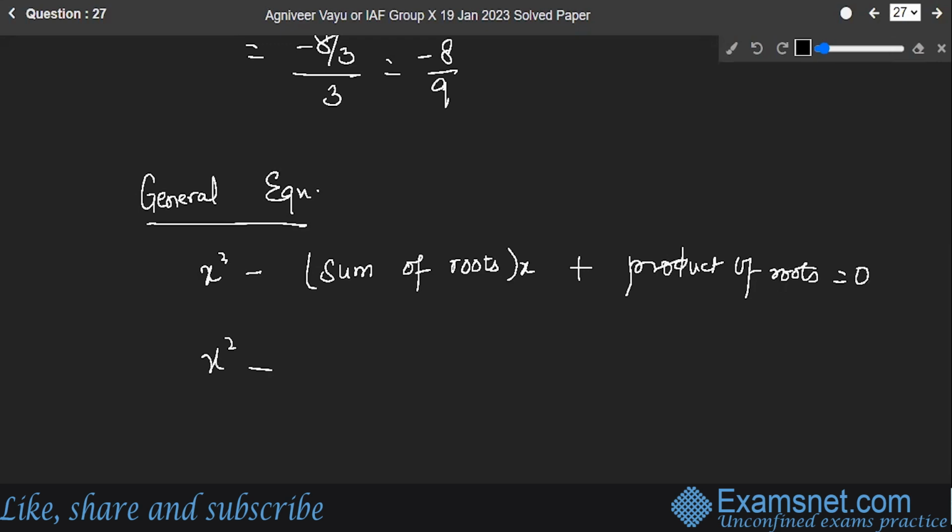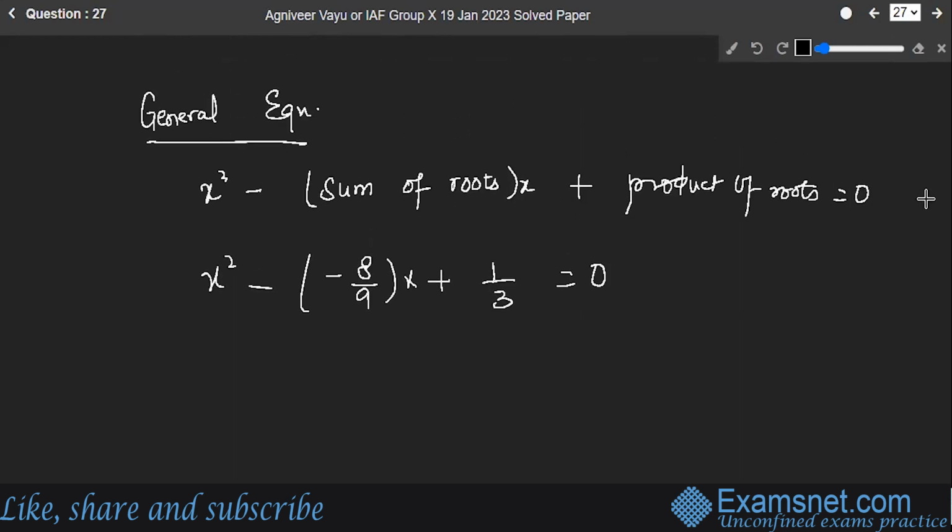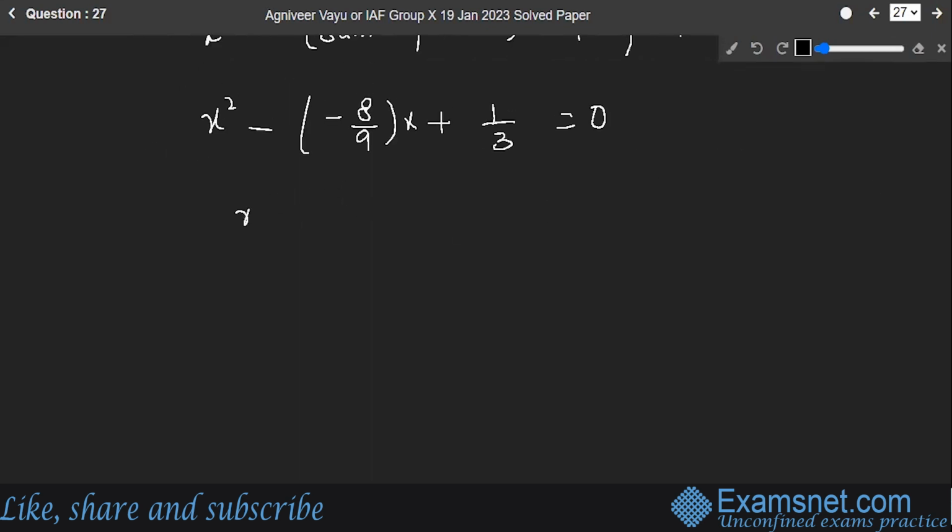So this is x square minus 8 by 9 plus 1 by 3 is equal to 0. X will be here. Sorry, I forgot to write this. Yes. So this will be x square plus 8 by 9 x plus 1 by 3 is equal to 0, or 9x square plus 8x plus 3 is equal to 0. This is the equation which is having the roots as 1 upon alpha and 1 upon beta.